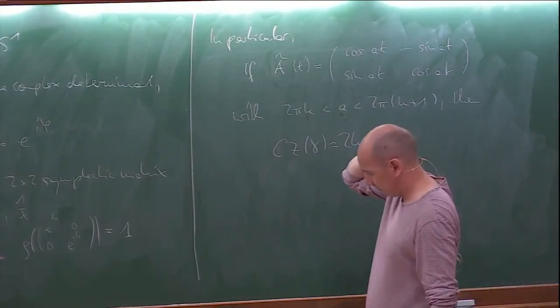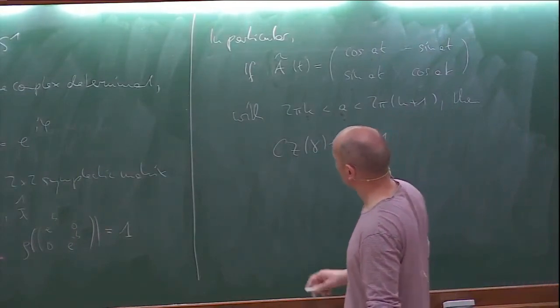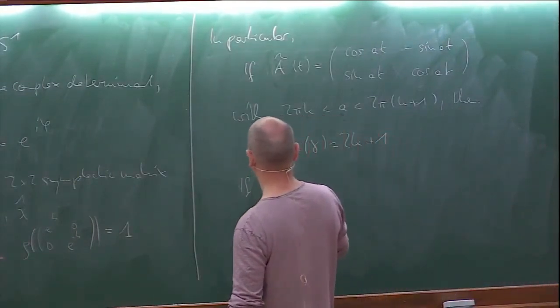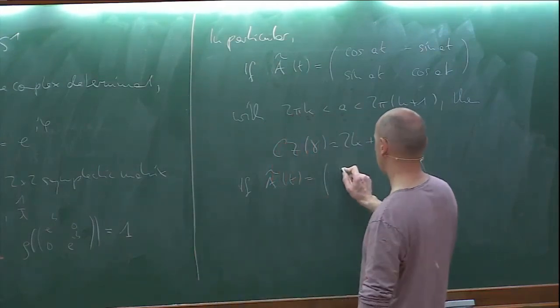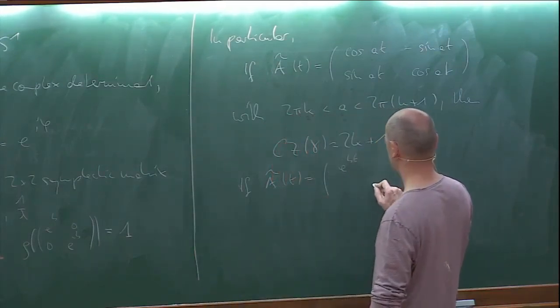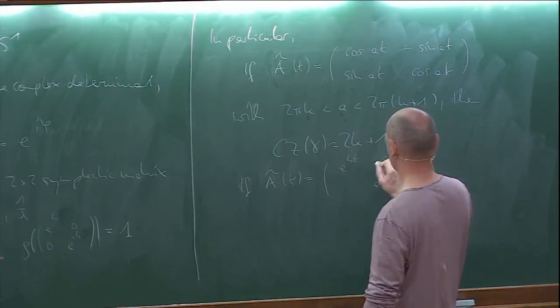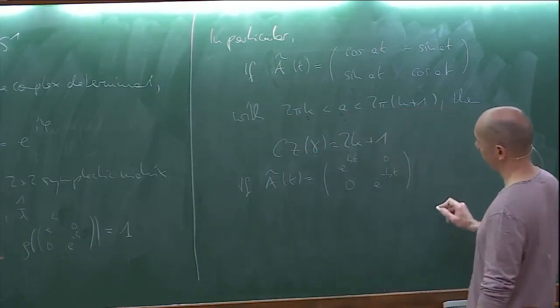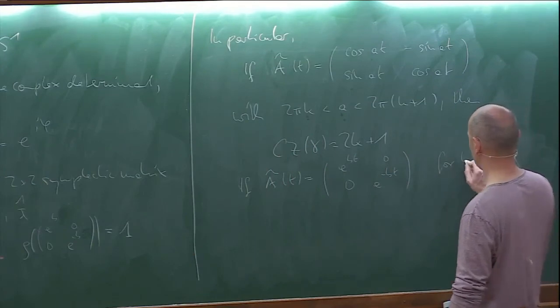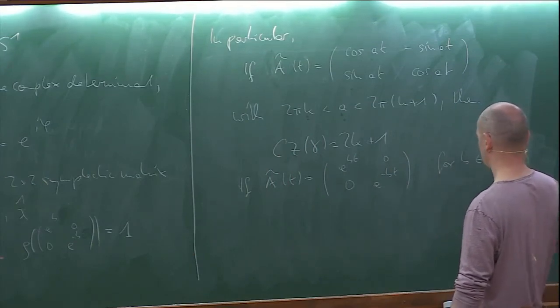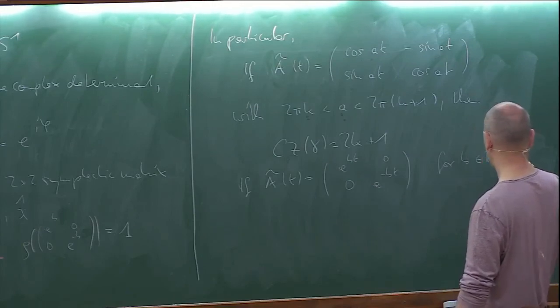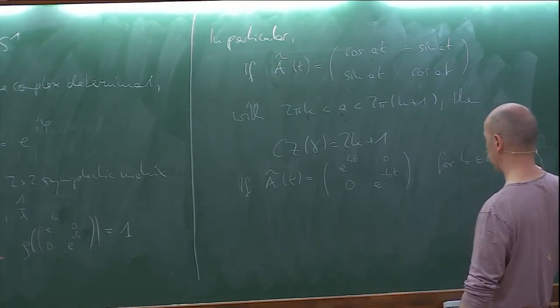Whereas, sorry, if a tilde is something of the form, now let's say e to the bt, e to the minus bt, for b arbitrary, well, I guess it shouldn't be 0.